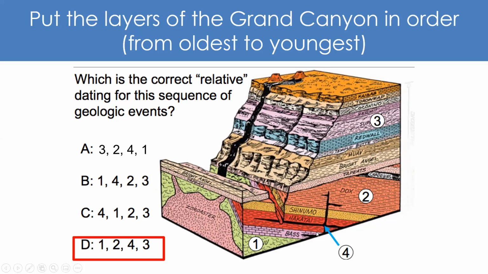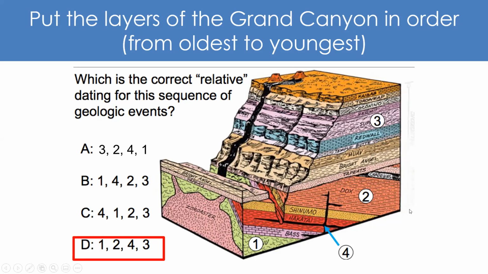Then we have more deposits, the base deposit, the Hakatai deposit, the Shinumo deposit, the Dox deposit. Then once those are deposited and they're lithified, we have that igneous intrusion, that number 4, that dike come through it. Since it's going through all of these formations, those formations had to exist before it went through them, right?